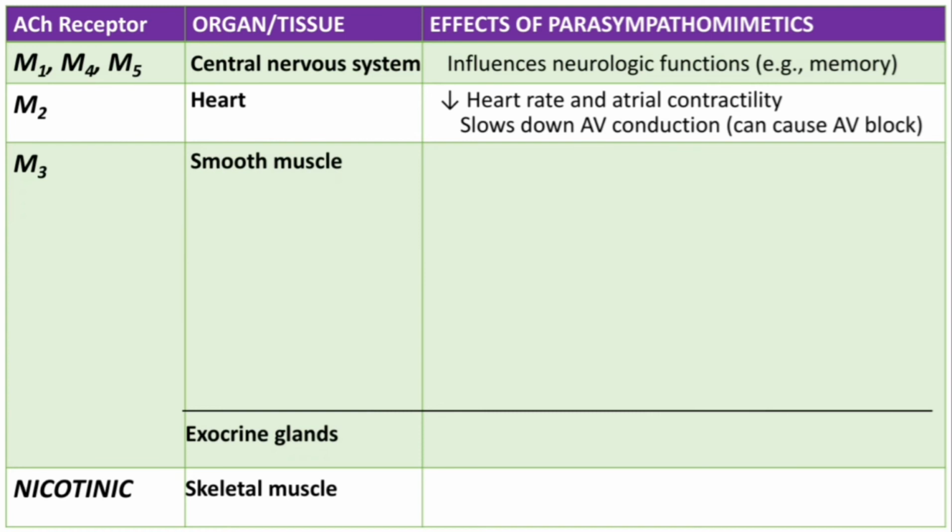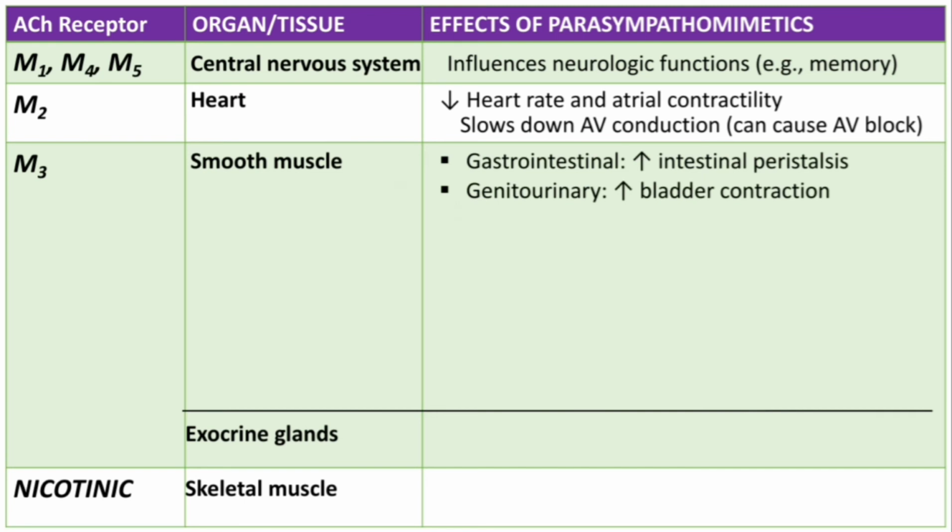The next one, if you stimulate the M3 in smooth muscles, this will have different actions in different visceral organs. For example, in the gastrointestinal tract, this will increase intestinal peristalsis.